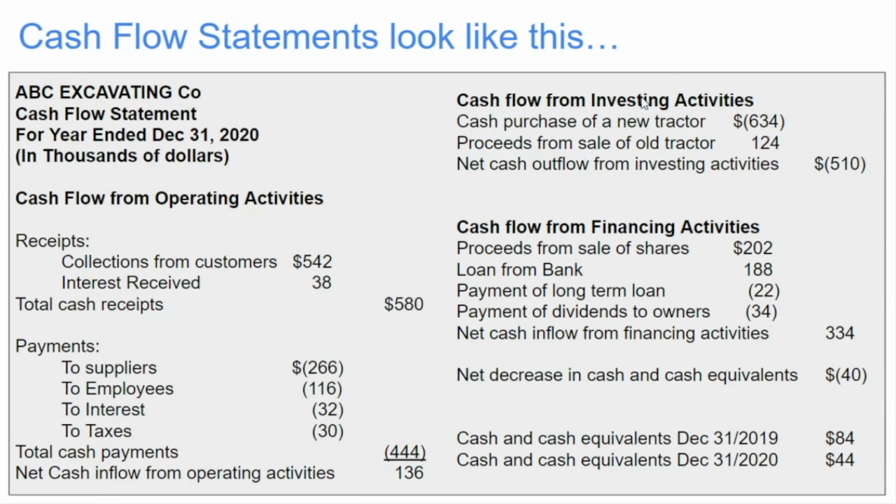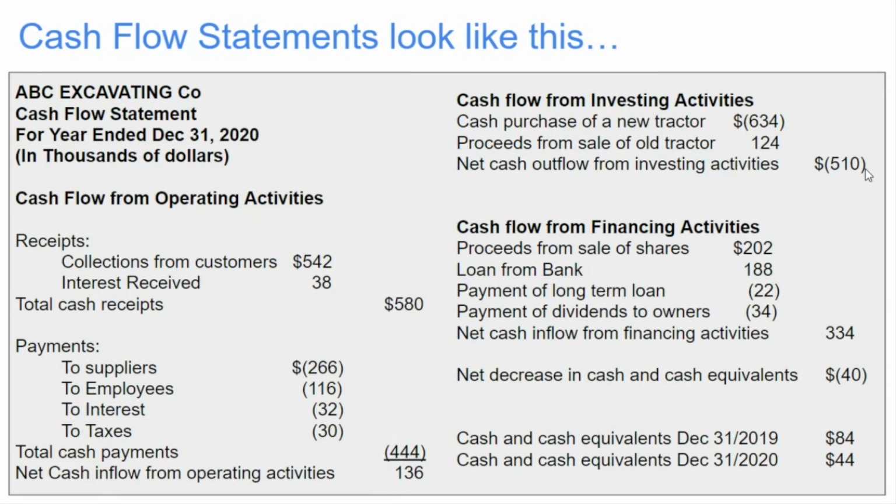So let's assume in our little company of ABC Excavating that we purchased a new tractor. So a cash purchase of a new tractor would be considered an investment because it's going to last a number of years and generate money. It was a $634,000 tractor, so $634,000 went out.